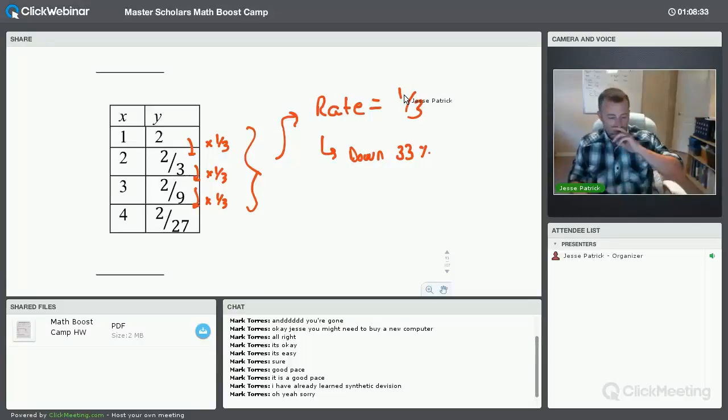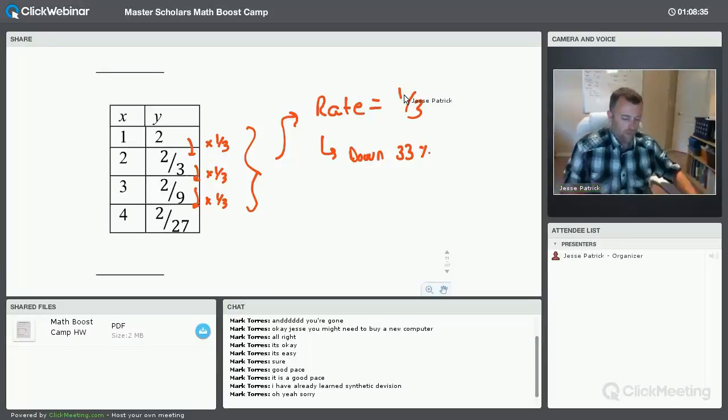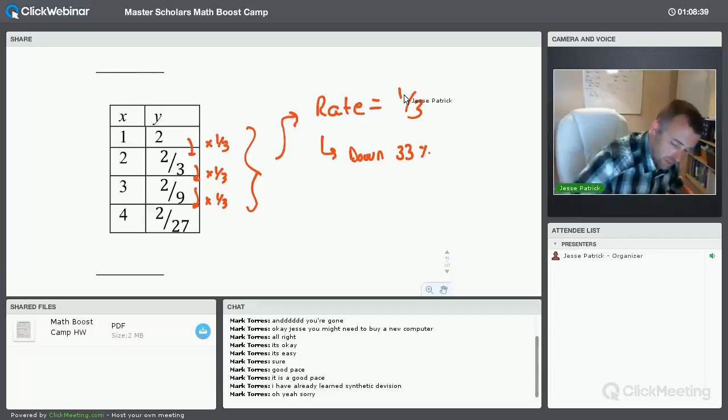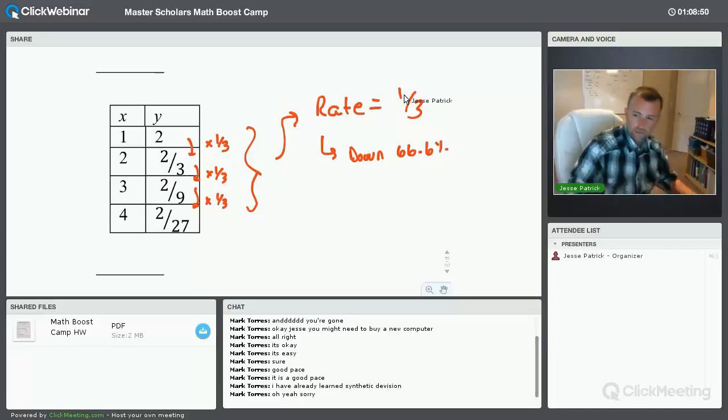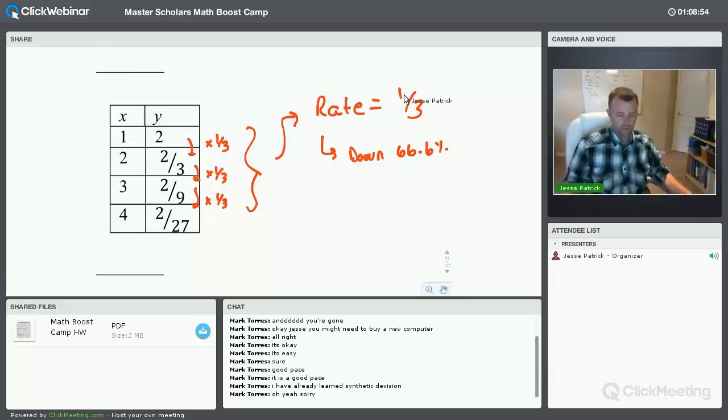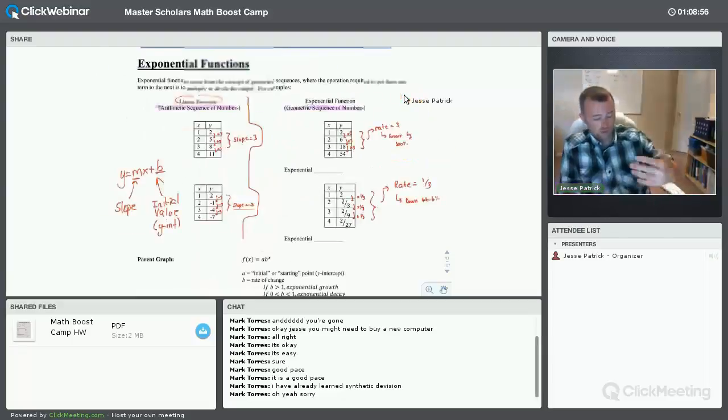And I'll talk about how we actually calculate that, and then we'll go over that. Actually, no, I said that backwards. Sorry, this is what I was getting to. If you're going down 66.6%, you'll see what I mean when I get to it. That's how they would say it on the test. I'll explain that here in just a second.